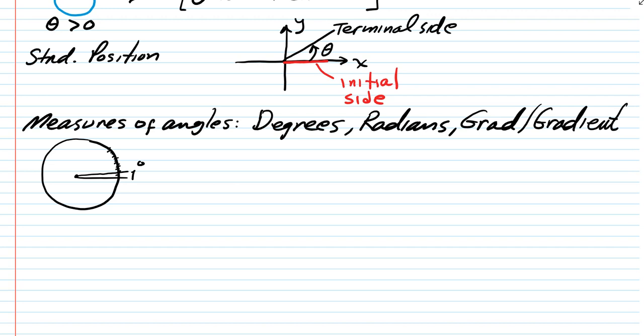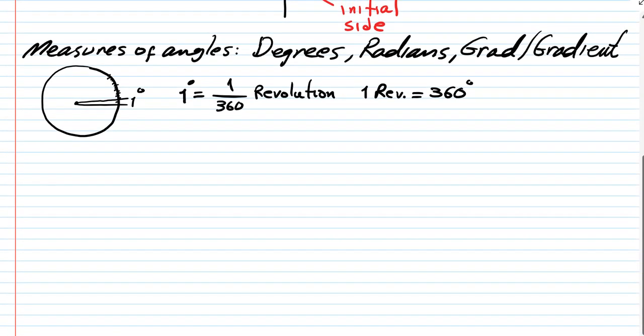That's what a degree is. So I'm just going to write 1 degree equals 1/360th of a complete revolution around the circle. Therefore, we can convert revolutions to degrees. 1 revolution is equal to 360 degrees. And this is the most common measure of angles that just about everybody knows about.